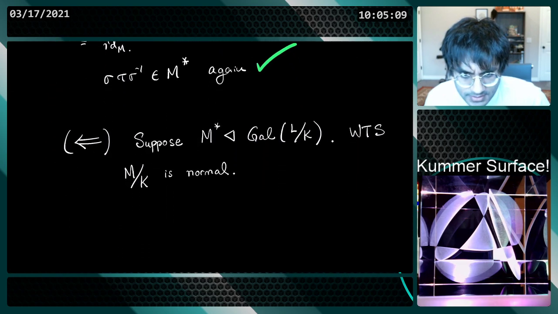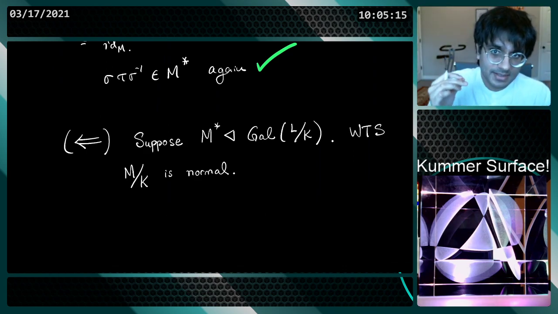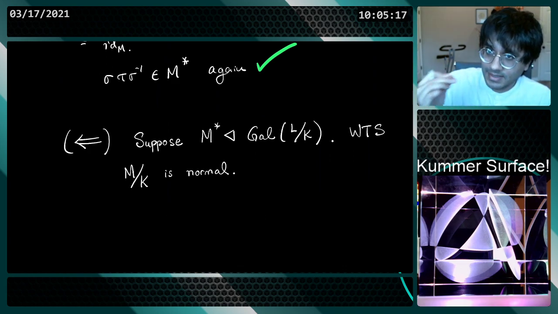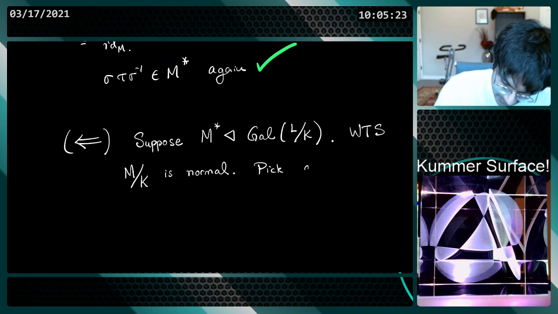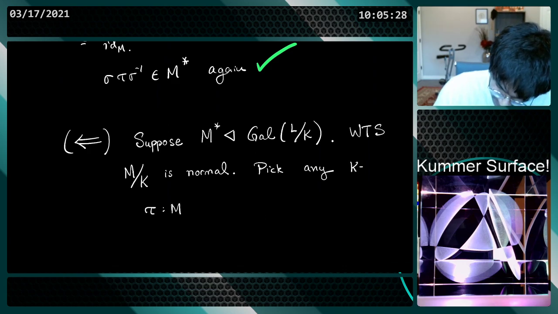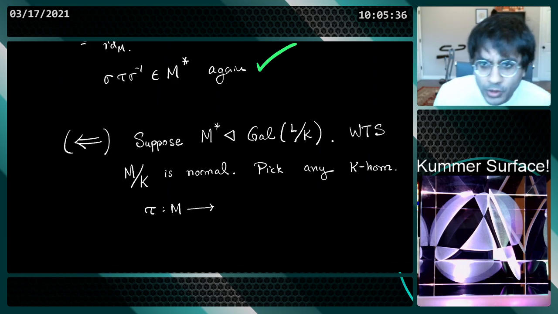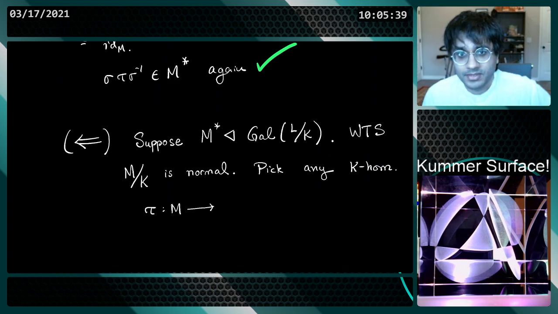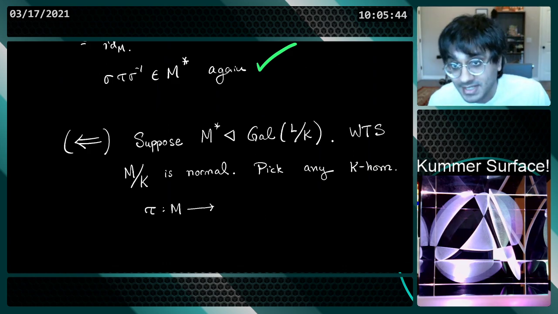So, pick a homomorphism from M into C. Of course, it must land in any normal field that contains M. It must land in the normal closure automatically.